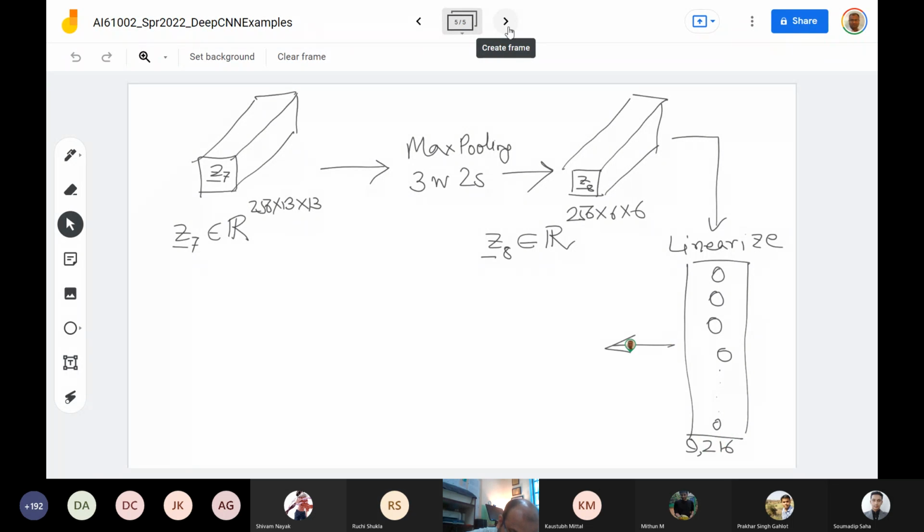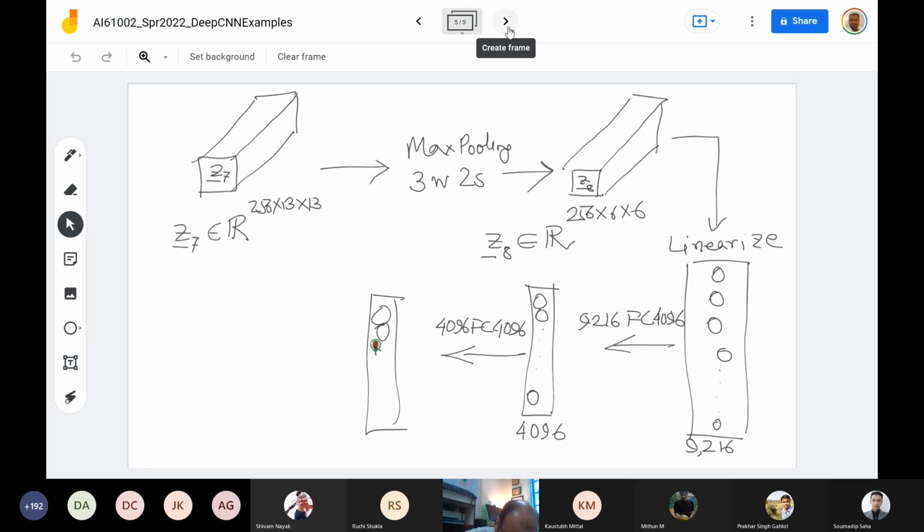So from here you have an FC connection, 9216 FC to 4096. Over here, how many neurons? You will have 4096. Now you again have 4096 FC to 4096. So you get another set of neurons that will also be 4096.